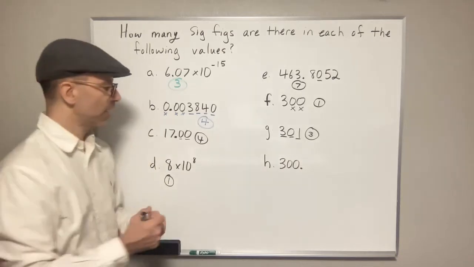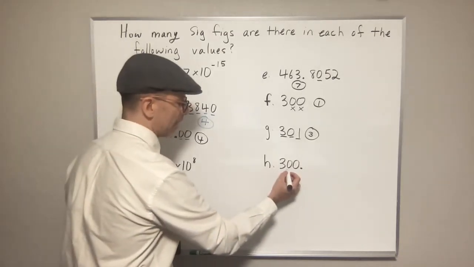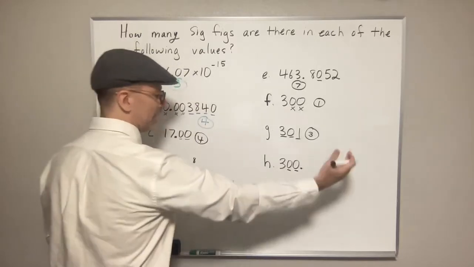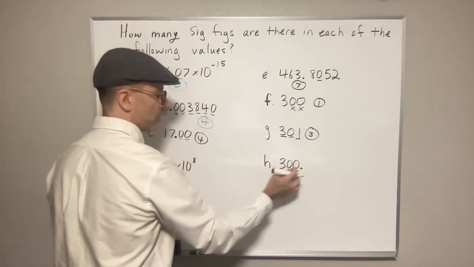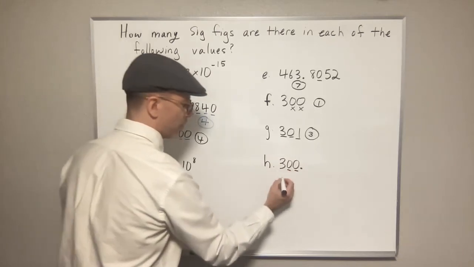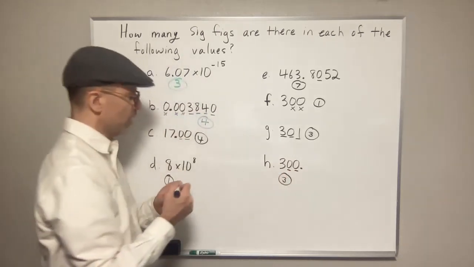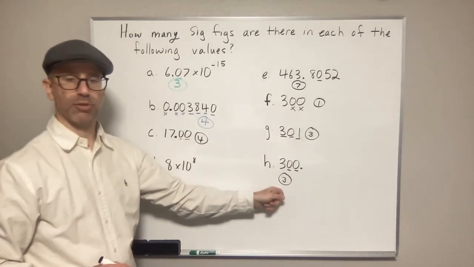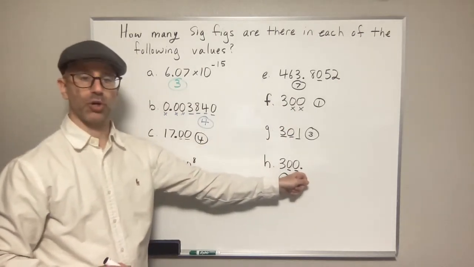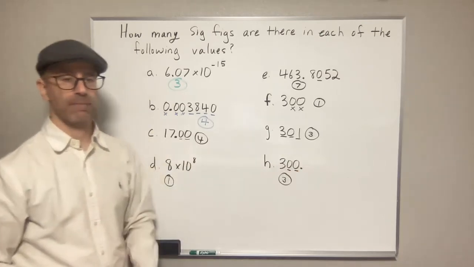Is that significant? Yes. The zeros at the end of your number, the trailing zeros, are significant if there's a decimal point. So these are significant. So we have 3 sig figs here. So notice here, only 1 sig fig. Here we have 3 sig figs. So that decimal point is really important. So watch out for that.